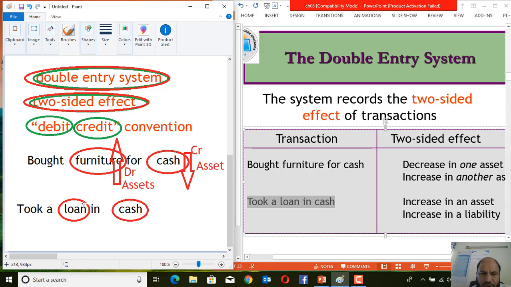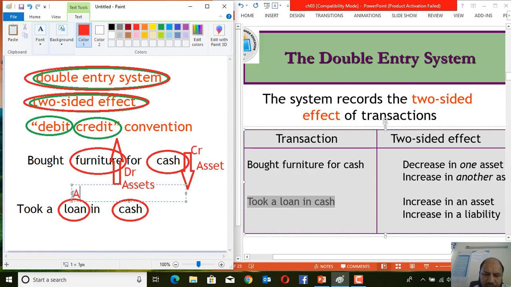The loan is accounts payable, and accounts payable has a relationship with liabilities. On the other side, cash is an asset account.